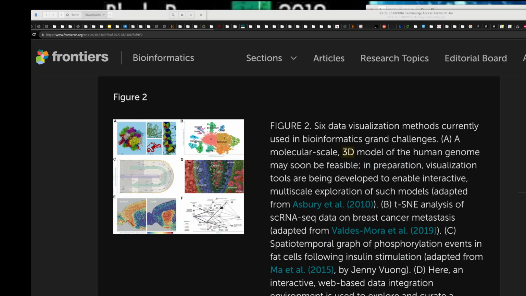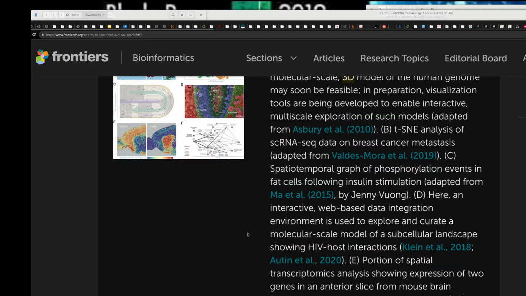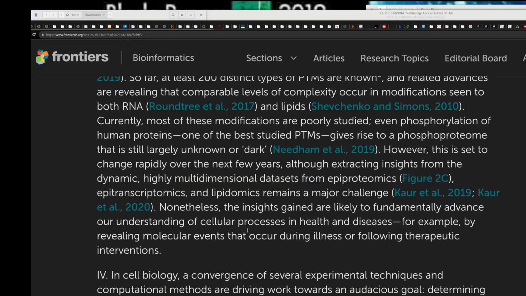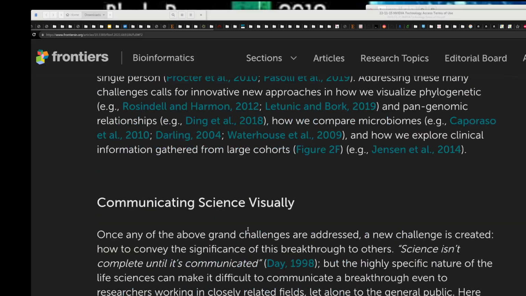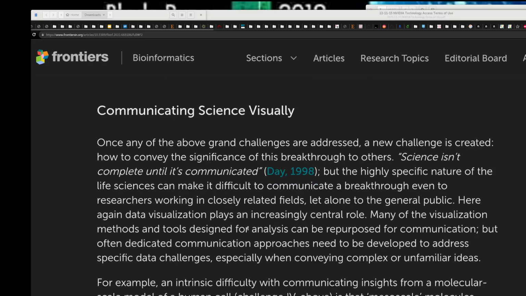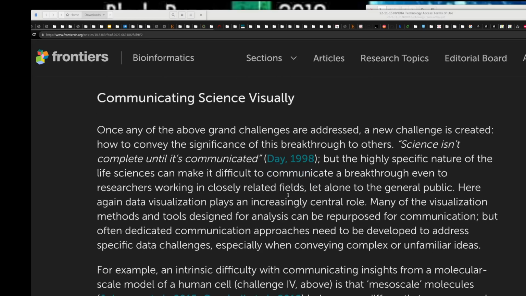Communicating science visually. Once any of the above grand challenges are addressed, a new challenge is created: how to convey the significance of this breakthrough to others. Science isn't complete until it's communicated. Day, 1998. But the highly specific nature of the life sciences can make it difficult to communicate a breakthrough, even to researchers working in closely related fields, let alone to the general public.